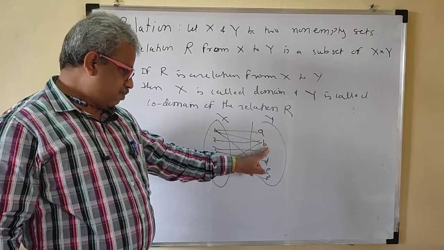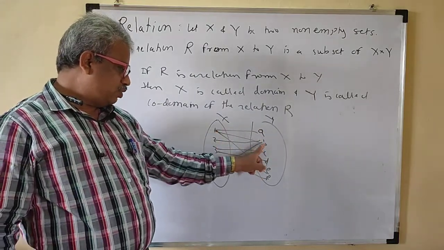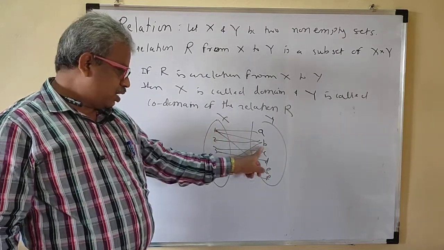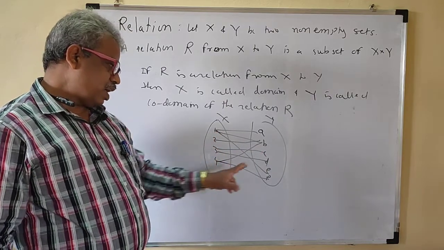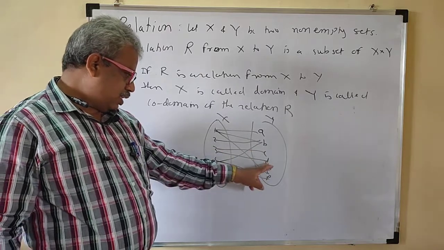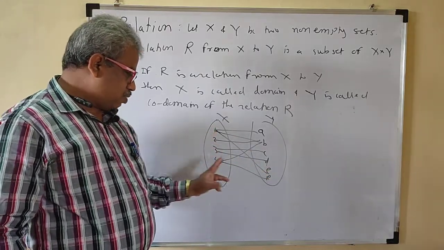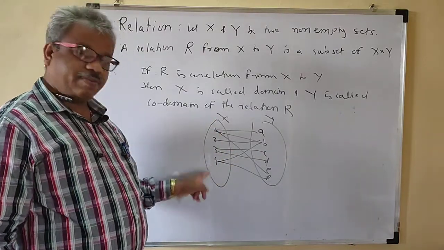A, B, E. That is, A is called the image of 1. B is called the image of 1. E is also called the image of 1. B is called the image of 2 and 4. And C is called the image of 3. D is called the image of 3. F is called the image of 4. So these are the images of these elements.